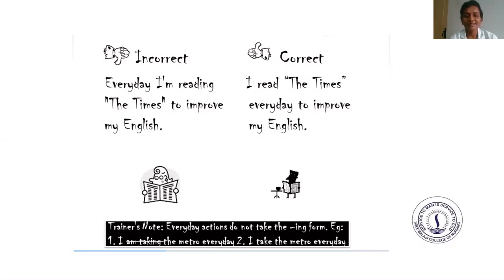I take the metro every day. So every day I'm reading is incorrect. I read is correct. So remember, everyday actions do not take ing form. Whenever you use every day, don't add it with ing form.